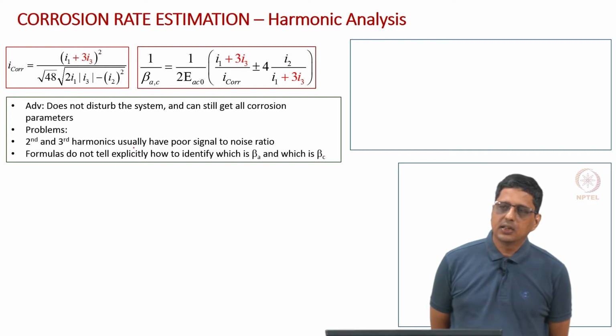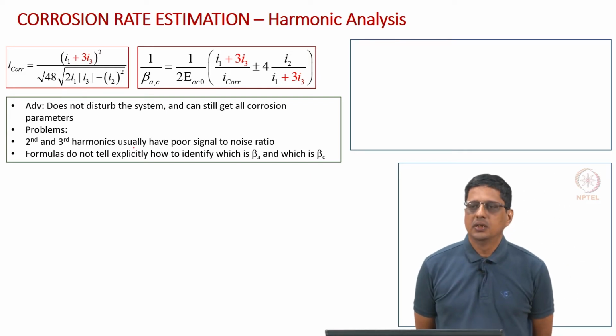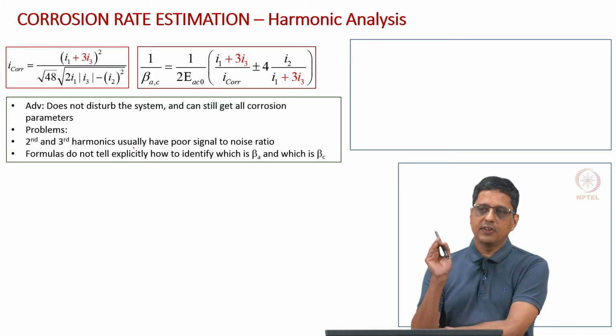The second and third harmonics are usually small, so in the presence of noise, getting good quality reliable data from this is not that easy. So, we have poor signal to noise ratio, and if I crank up the voltage to get better signal to noise ratio, then we can't truncate the Taylor series after 3 terms.